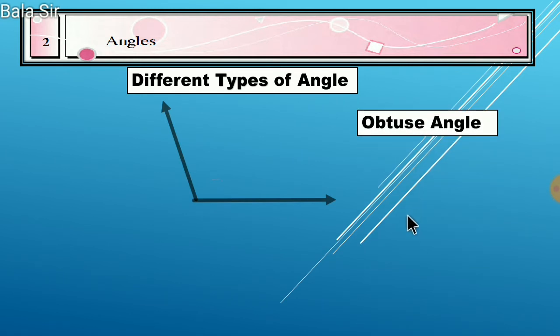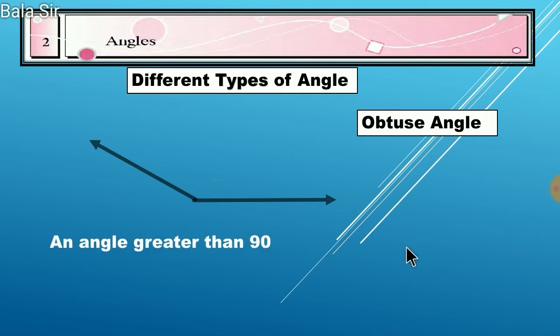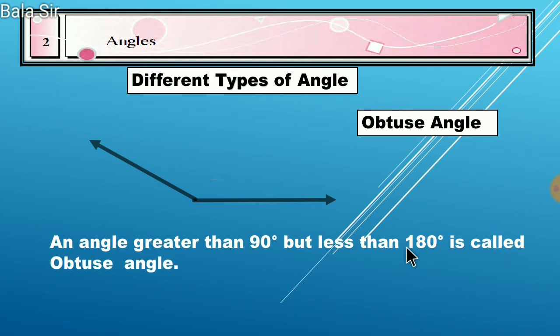Obtuse angle, an angle which is more than 90 degrees. You can see the different types of figures. An angle greater than 90 degrees but less than 180 degrees is called an obtuse angle.